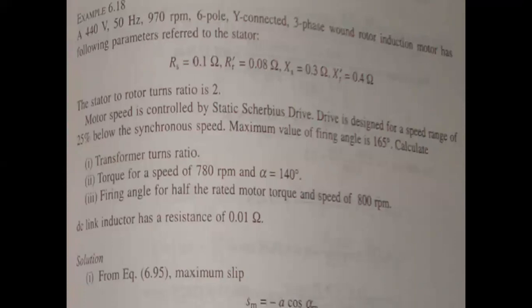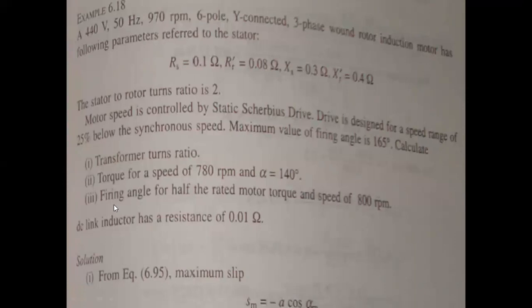Second, we have to find out the torque at a speed of 780 RPM with firing angle alpha equal to 140 degrees.